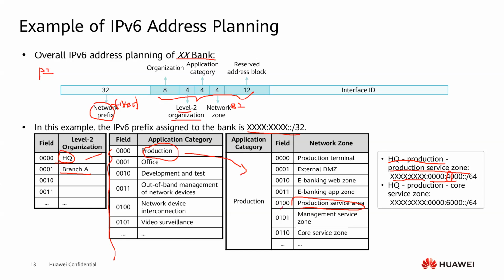And the next is the HQ production core service zone, which is here, so the value is 6. So you can do the planning and deployment just like this example.